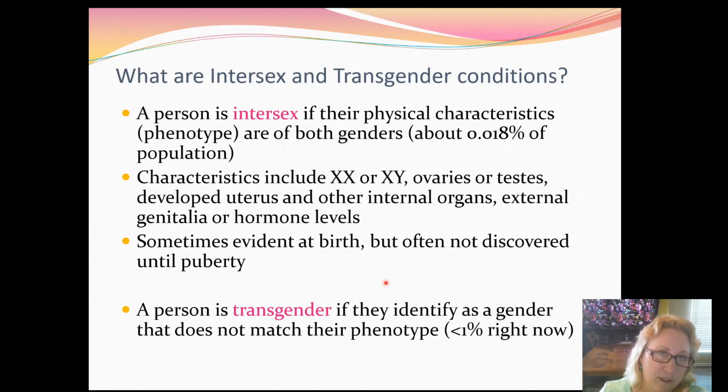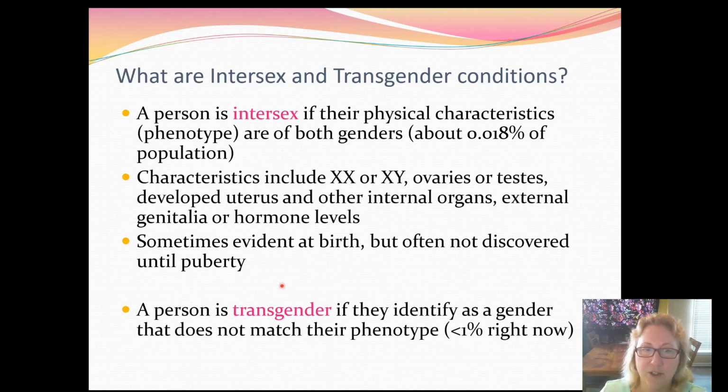Do you have a uterus or other internal organs? What is the external genitalia like? Is there a vulva? Is there a penis? Those are external genitalia. And what are the hormone levels? Do you have hormone levels that are typical for male or more typical for female?